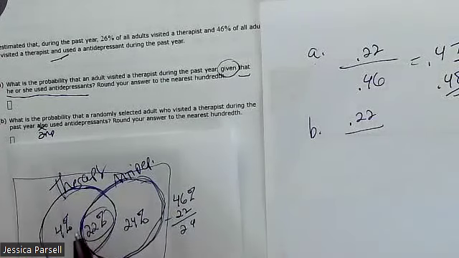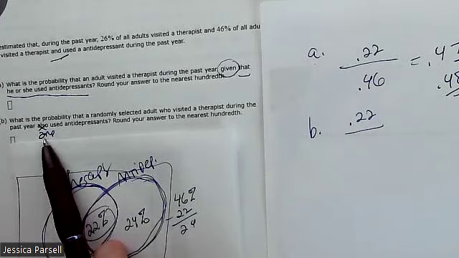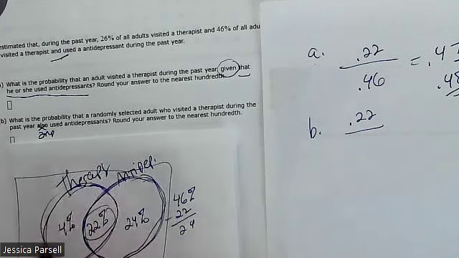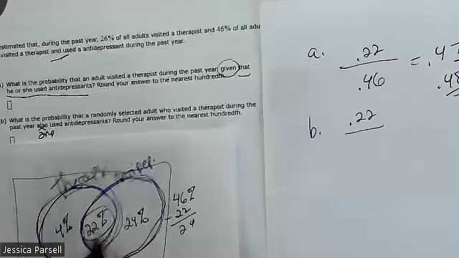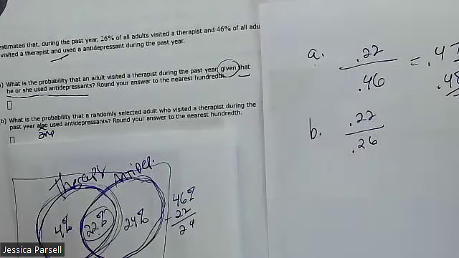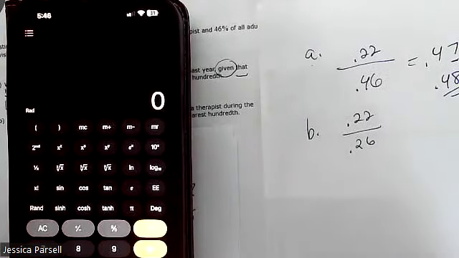So these are people that have visited a therapist during the past year and also used antidepressants. So 0.22 is the "and," and then that they had therapy is 22% plus 4%, so that's 26%. So we're going to do 0.22 divided by 0.26.